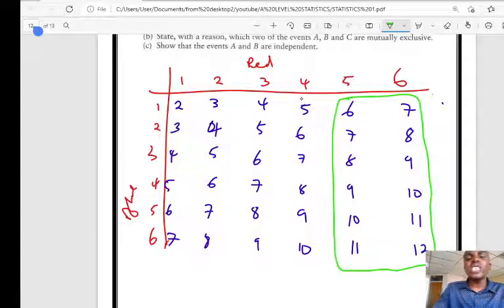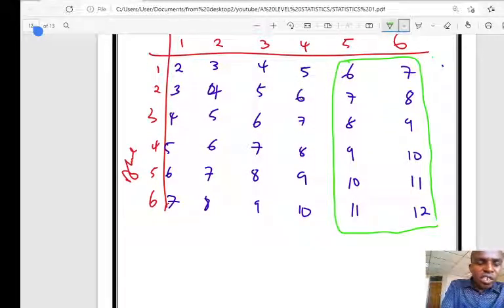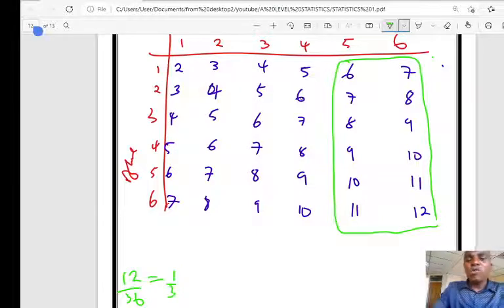That's a 5 or 6 on the red die. So it will be 12 over 36, since in total it's 6 by 6, 36. That is 1 over 3.